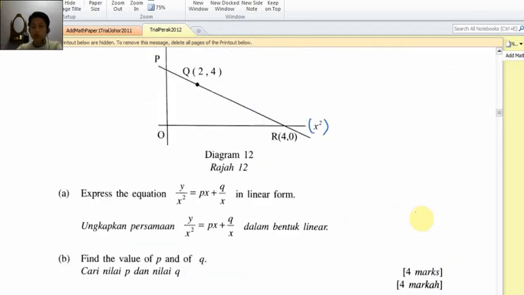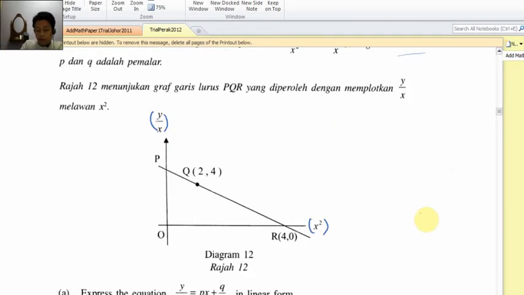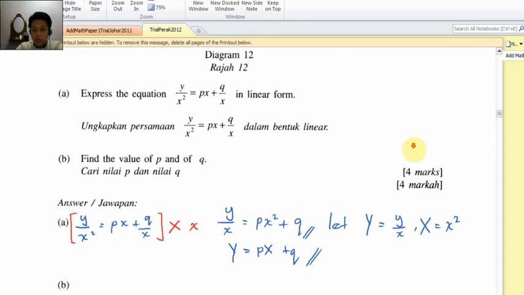We're given a graph there, and this axis y over x is now capital Y, and this is capital X. We have just now the equation of Y equal to pX plus q or minus q? Plus q.